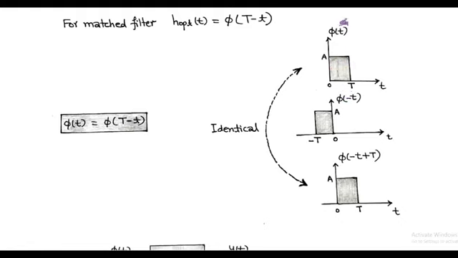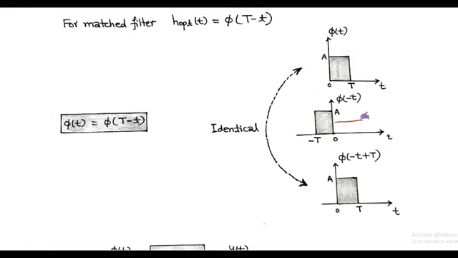First we take the time reversal and the function becomes phi(minus t), having duration from minus T to 0. After time reversal, we take time shifting. Here in the case of negative time, plus T represents a time delay.